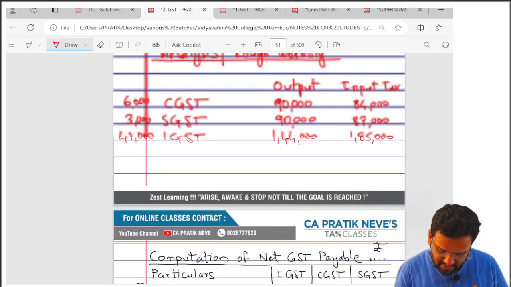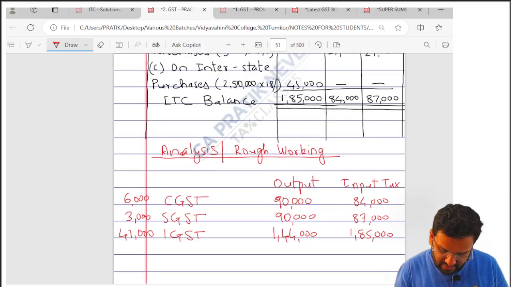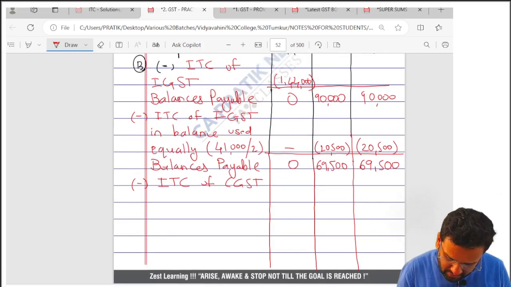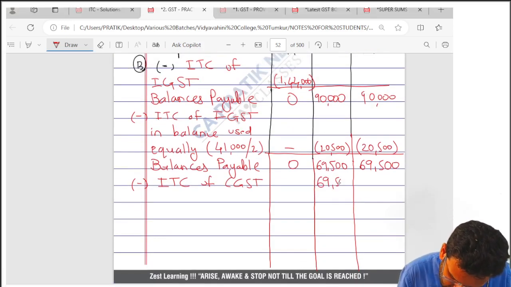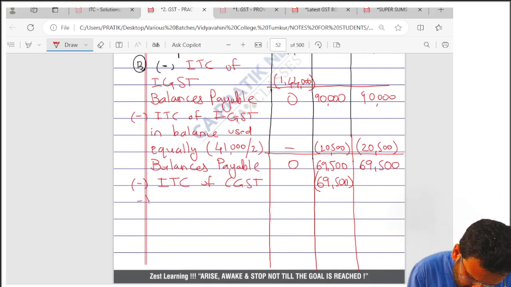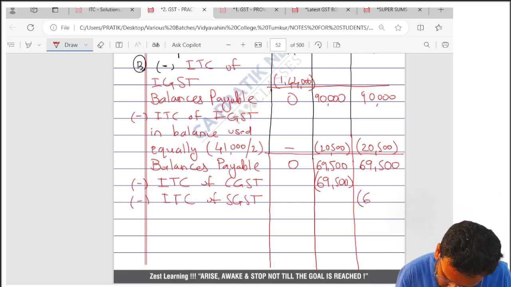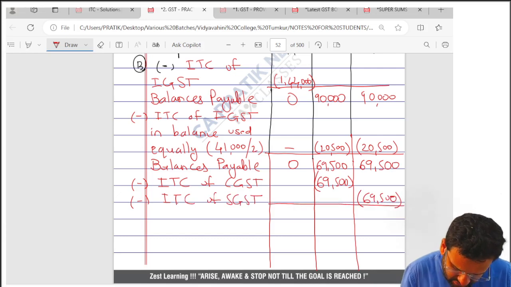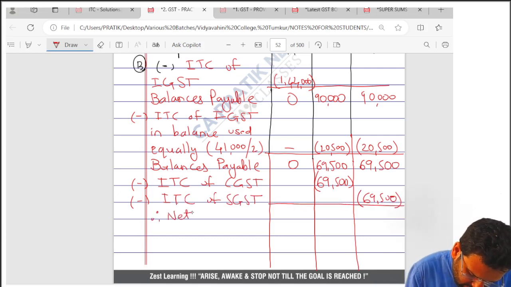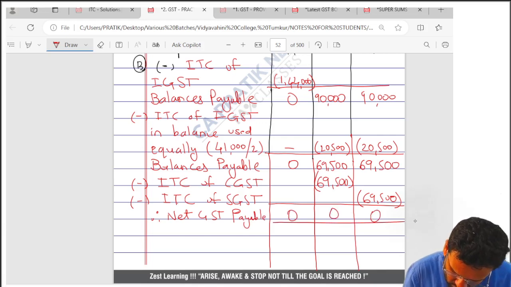What is ITC of CGST? 84,000. But I have to use only 69,500, and less ITC of SGST. You have comfortable ITC of SGST. So 69,500 you can use. Now tell me friends, what is therefore net GST payable? Congratulations, net GST payable is 0 everywhere.